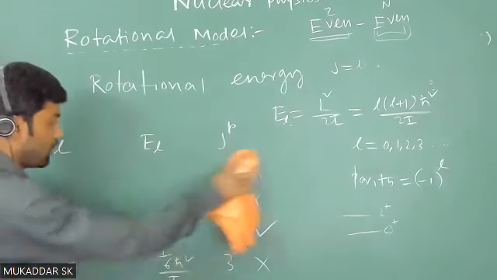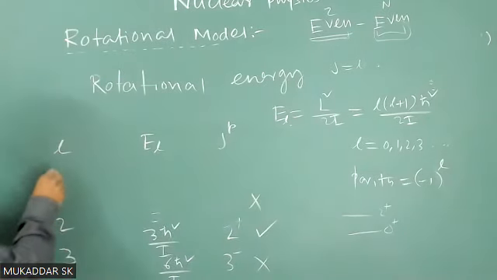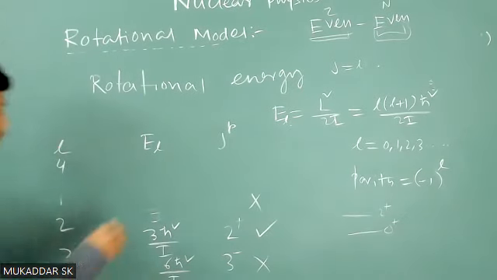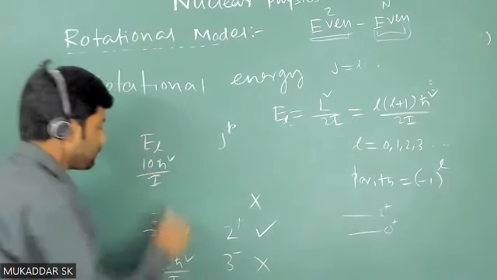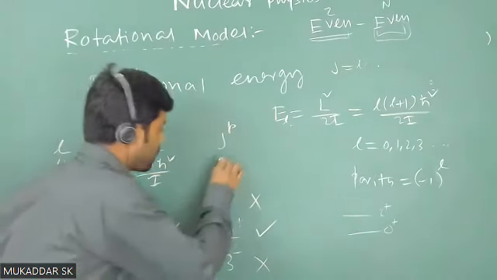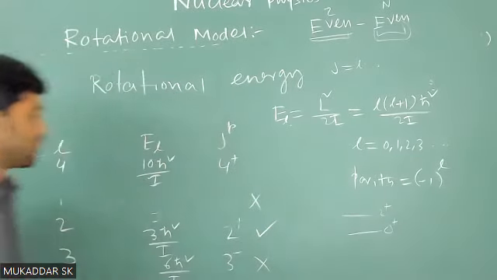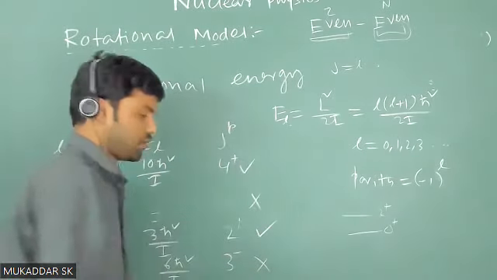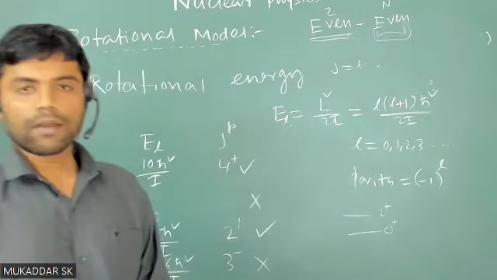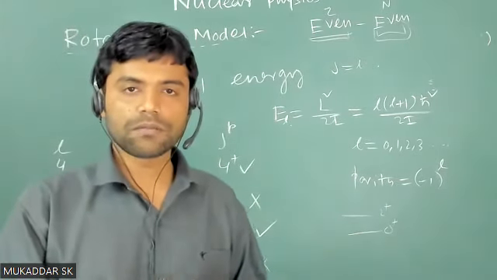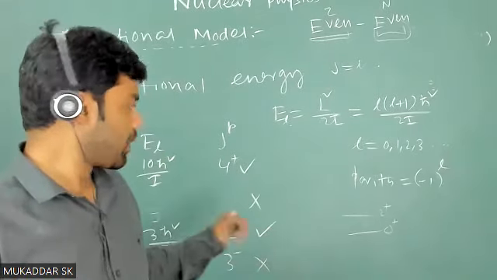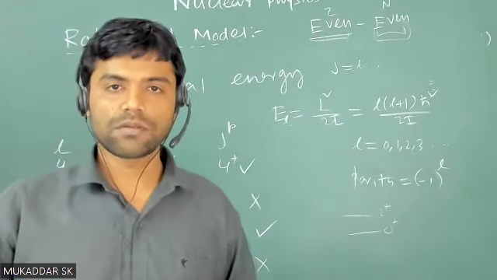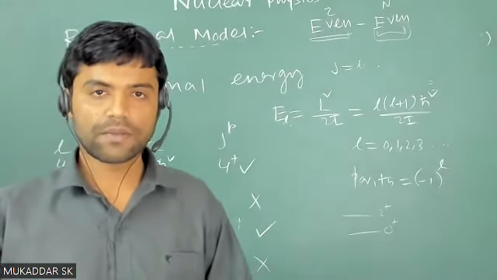Rather, again I have to take an even value of L, and that will give you how much? 10 h cross square by I. And that state will be what? That will be your 4 plus, and this is perfectly fine. So you understood what possible values you can take, because a few alternative states are not possible since they violate spin and parity.